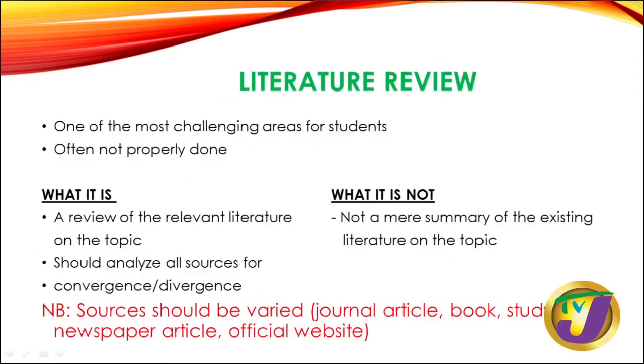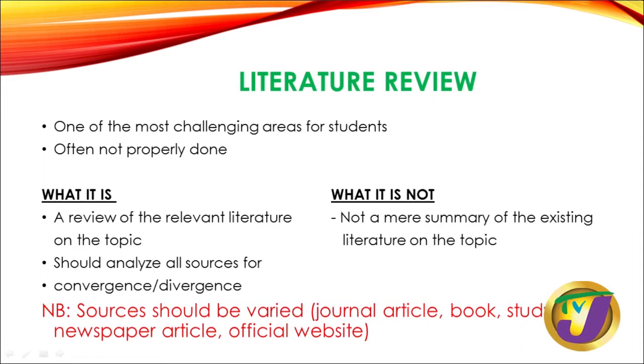So moving on quickly from the problem statement now into the literature review, a troubled area. And many students do not do this area very well. It's worth 8 marks, right? What is it? It is a review of the relevant literature on the topic that you're looking at. It is not merely a summary, right?